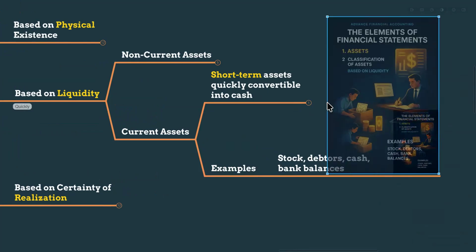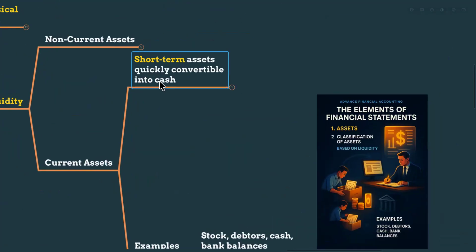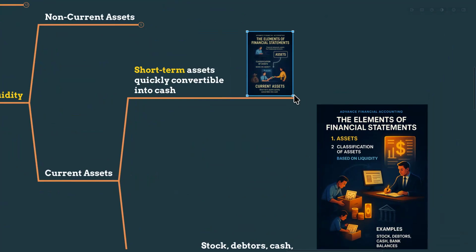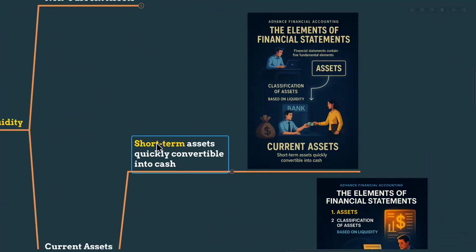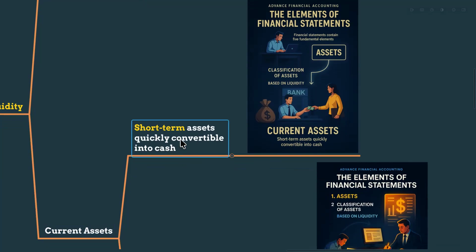Everything we call current assets. Let's say you have a shop in the Pettah area. You can sell the inventories, the groceries, and get the cash immediately. And the cash in hand in your register is already cash. These are called current assets, right?